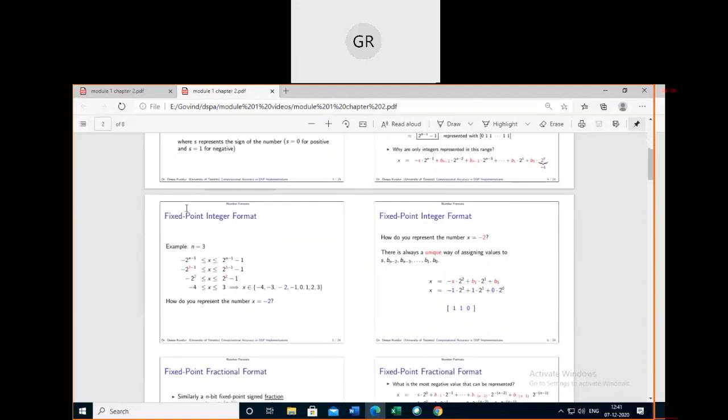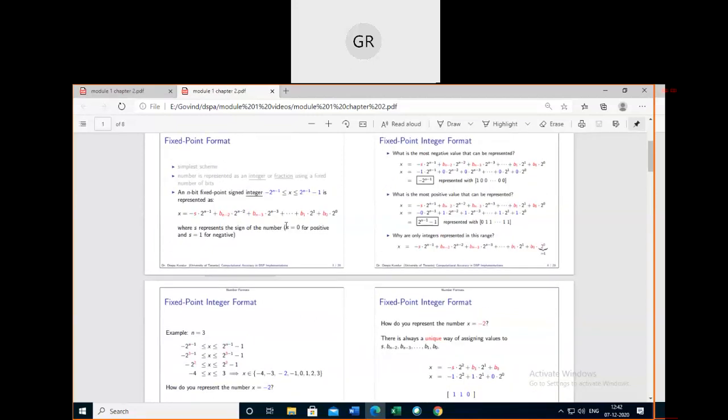Then we went through this problem also, and how we can convert it. Here, if it is minus 2, what is 2 here? 2 is 1 0, right? That's why, because s equal to 1, it's a negative number.